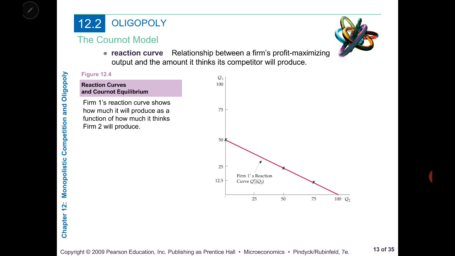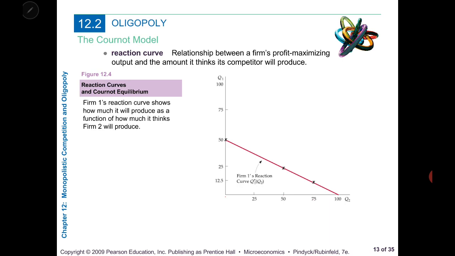When Q2 is 50, Q1 is 25. When Q2 is 75, Q1 will be 12.5. When we plot them together, this line can be called firm 1's reaction curve, which is a reaction towards what they think firm 2 will produce.